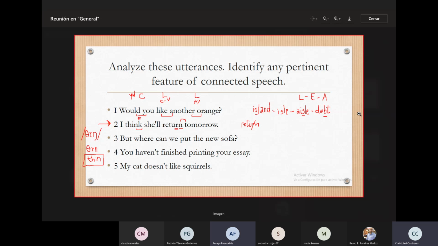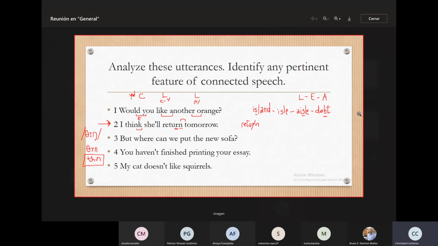Teacher, I'm sorry. You can repeat the question because it's freezing a little bit on my computer. Sure. So far, you have identified elision in haven't, the final t in finished, which could be elision or regressive assimilation to becoming more like p, and linking r in your essay.